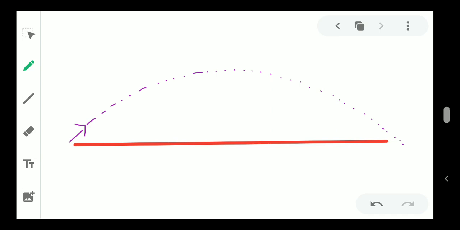In the next class onwards we will be studying projectile motion, and there are a numerous number of numericals we have to solve. Today I will go a little bit into this. Basically, projectile motion occurs in two dimensions, so that's why it is called motion in a plane.